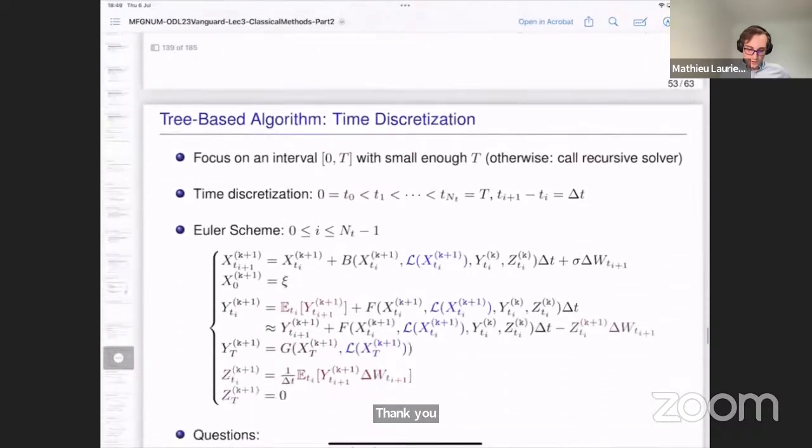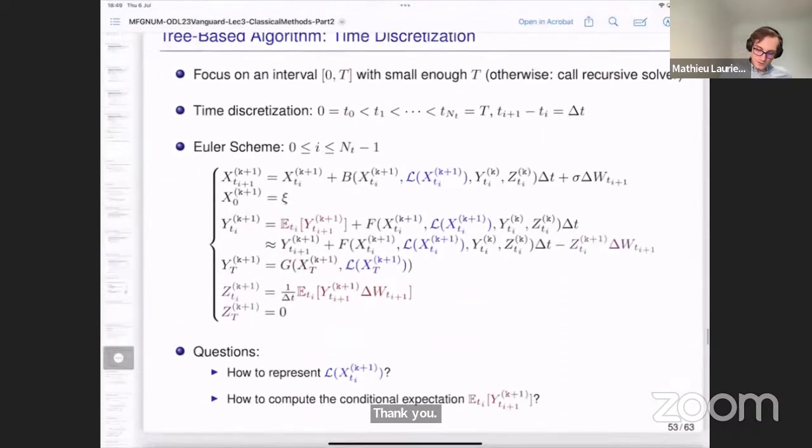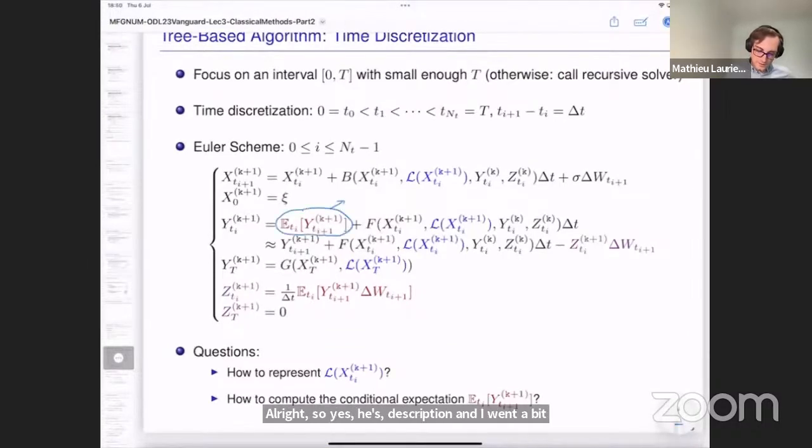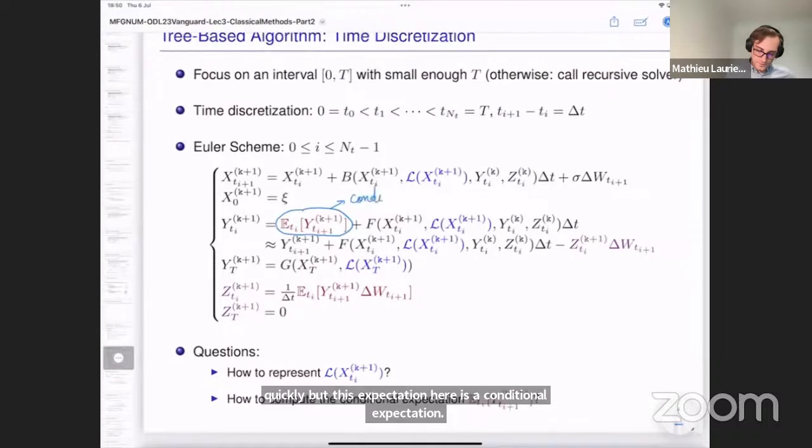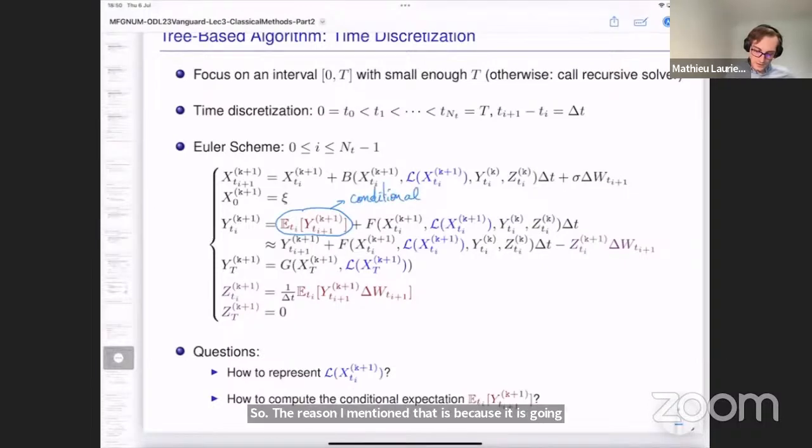Right, so yes, this is a description, and I went a bit quickly, but this expectation here is a conditional expectation. The reason I mentioned that is because it is going to be a problem also in the next method, conditional expectation. In general, it's not easy to estimate a conditional expectation.